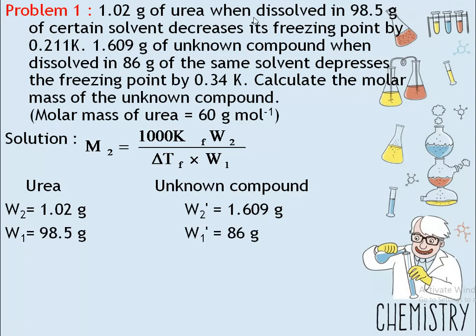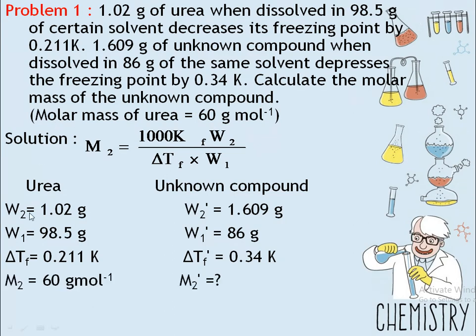Weight of solvent is 98.5 grams and for the second 86 gram. Delta Tf, the depression in freezing point, for the first solute is 0.211 Kelvin and for the second is 0.34 Kelvin. Now we have to find the molar mass of the unknown compound. Molar mass of urea is given, that is 60 gram per mole, and the molar mass of the unknown compound we have to find.